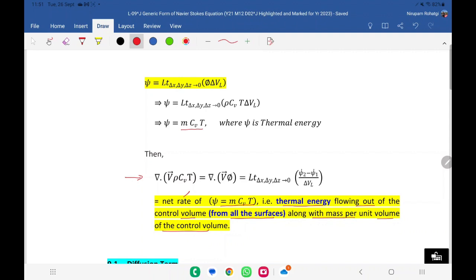Then we showed that if you have phi as one quantity and psi as another quantity, where phi is the density of psi, or psi per unit volume is equal to phi.